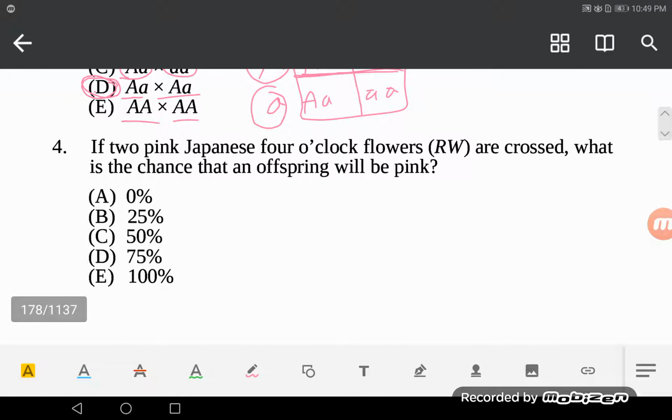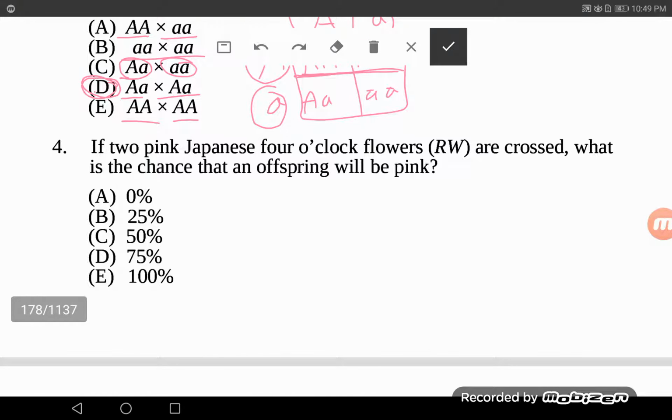It says, if two pink Japanese four o'clock plants, the plant that I mentioned before, whose genotypes are RW, are crossed, what is the chance that an offspring will be pink? We said that the Japanese four o'clock flower is a case of incomplete dominance.